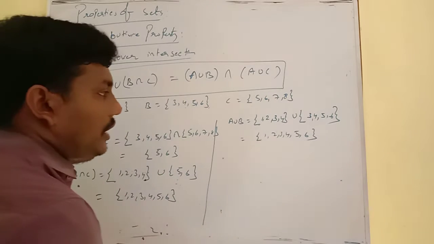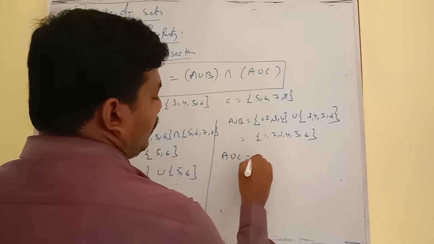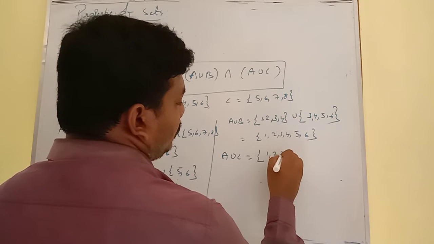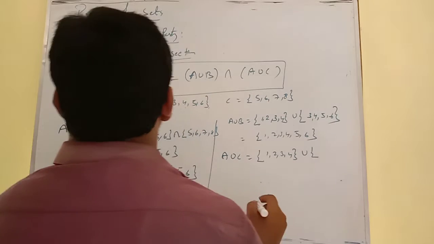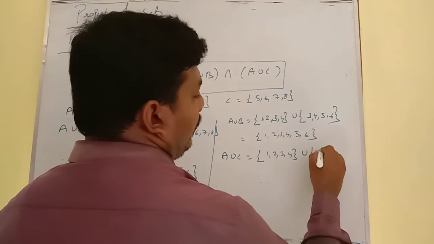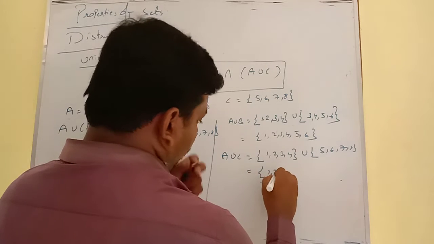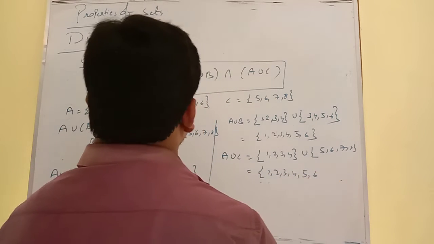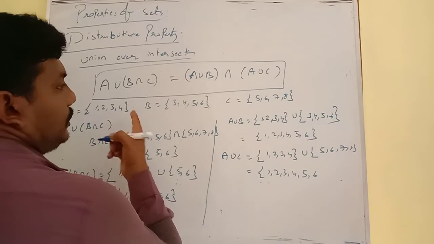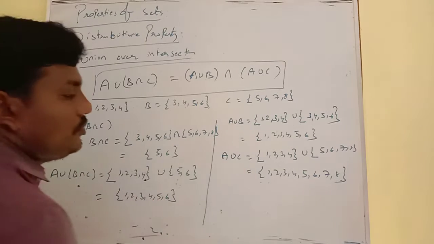This is called A union B. Then coming to A union C, we consider A 1, 2, 3, 4 and C is 5, 6, 7, 8, so the union is 1, 2, 3, 4, 5, 6, 7, 8. This is called A union C.